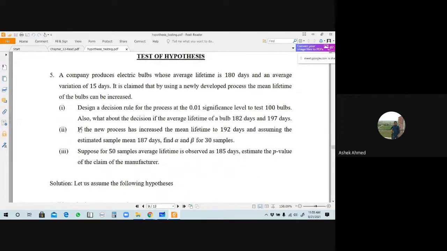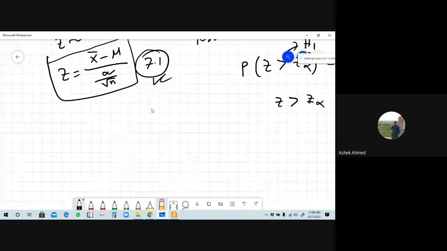For question number 2, if the new process has increased the mean lifetime to 192 days and assuming the estimated sample mean, that there is given for the second question.